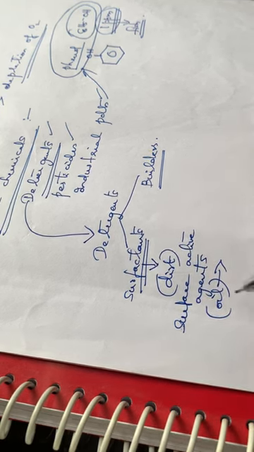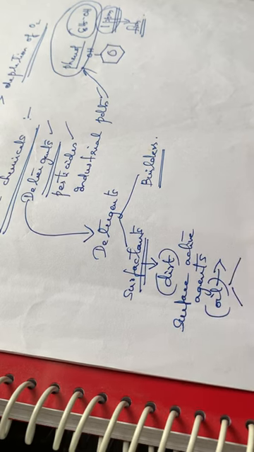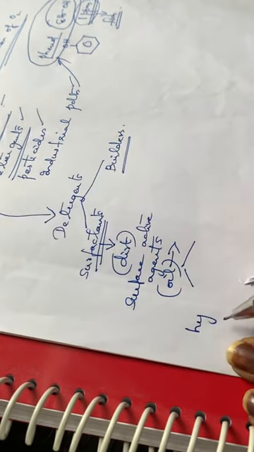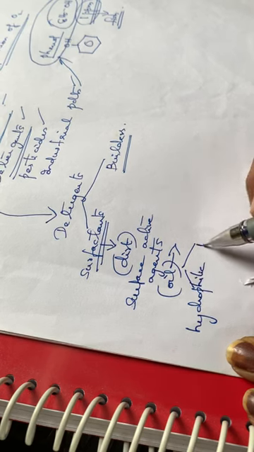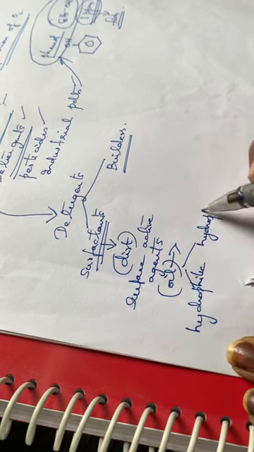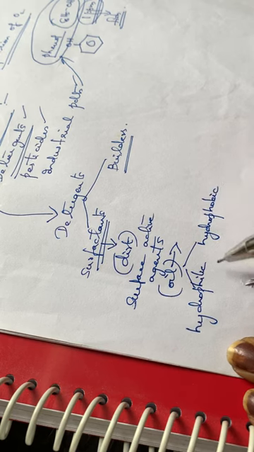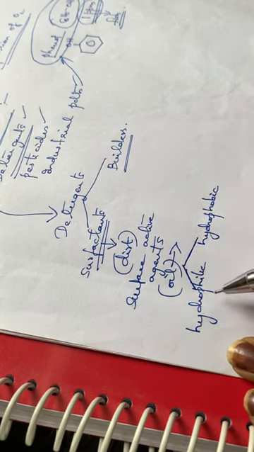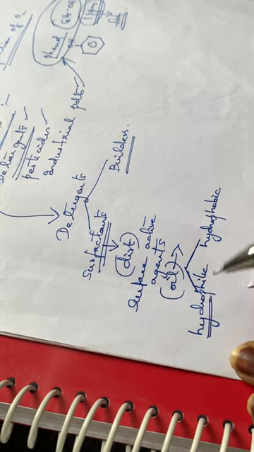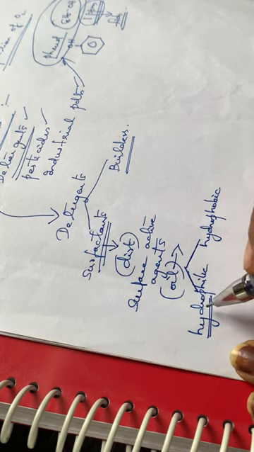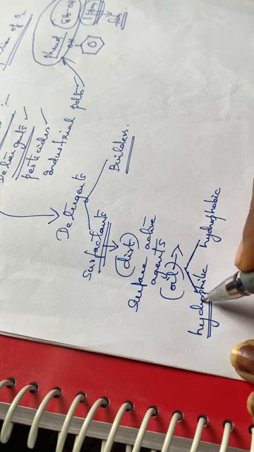And also this surfactant has got 2 parts, the hydrophilic part and the hydrophobic part. This is not in your textbook, this is just for your knowledge. See, the word hydro means the term is related with water.